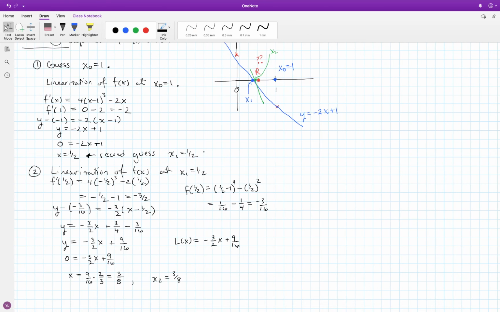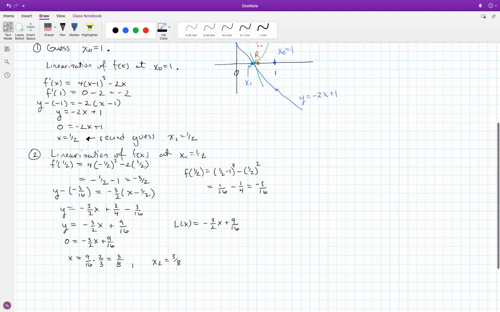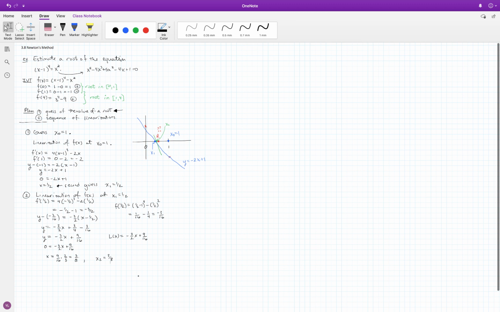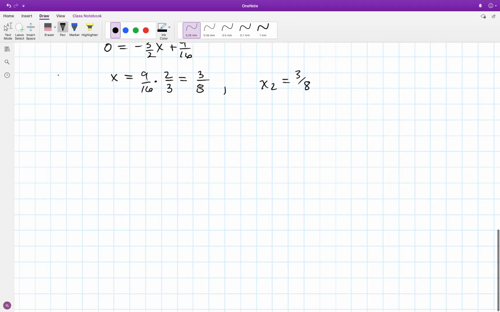Okay, so let's come back to the example here and try to summarize the theory into a formula, which we'll call Newton's method. All right, so here is our summary. I'm going to summarize the steps that we took and see how it can help us approximate roots for functions in general.